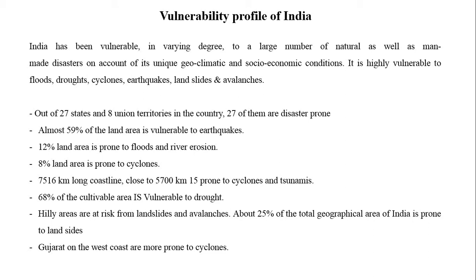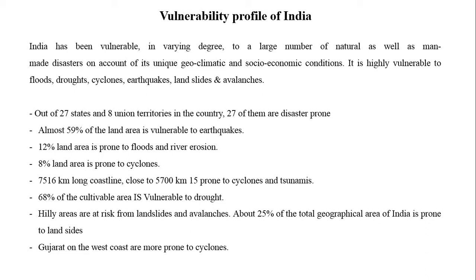In India, out of 27 states and 8 union territories in the country, 27 of them are disaster prone. Almost 59% of the land area is vulnerable to earthquakes. 12% of land area is prone to flood and river erosion. 8% of land area is prone to cyclones. Of the 7,516 km long coastline, close to 5,700 km is prone to cyclones and tsunamis.